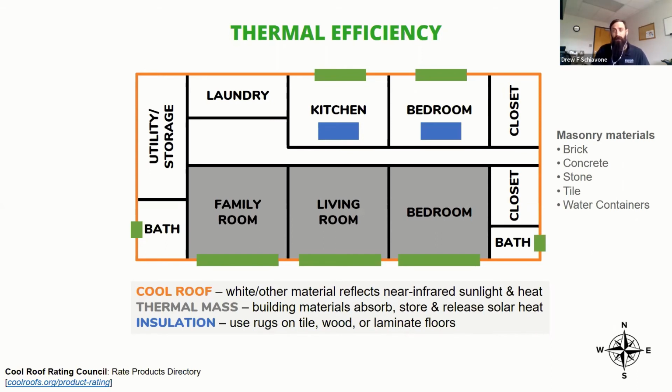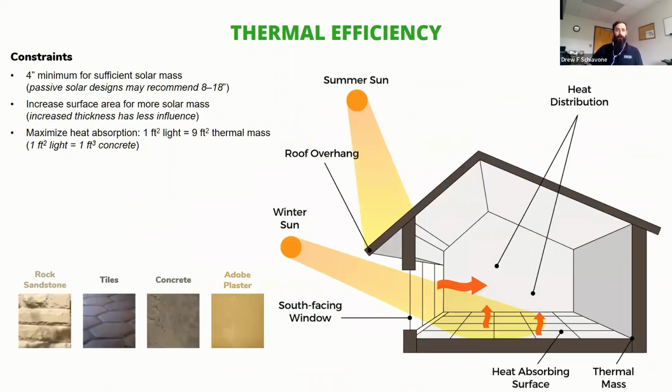Thermal mass is something I did share a picture of. Thermal mass would be like a masonry material that you do on the floor and walls, and it absorbs the heat coming through that south side of your house or apartment. Here's how that thermal mass looks.